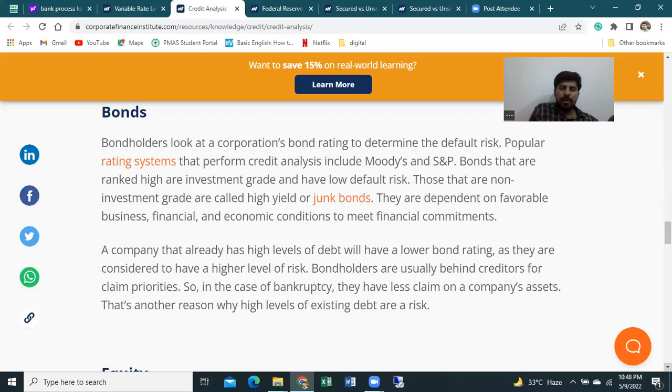A company that already has a high level of debt will have a lower bond rating, as it is considered to have a higher level of risk.